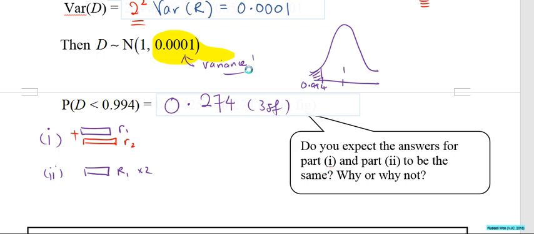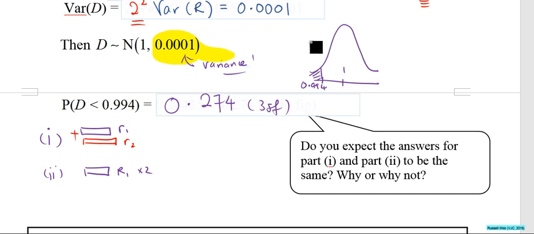So the mean is the same, but the variances are different. You would expect R1 plus R2 to have a smaller variance because whenever you pick 2 at random, the 2 will average itself out. The chance of getting an extreme value is lower in a way.